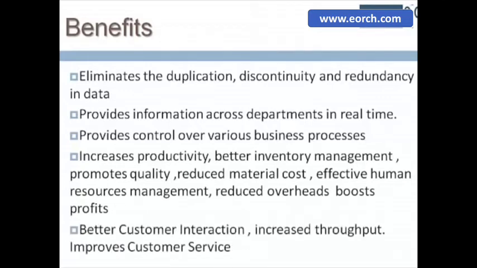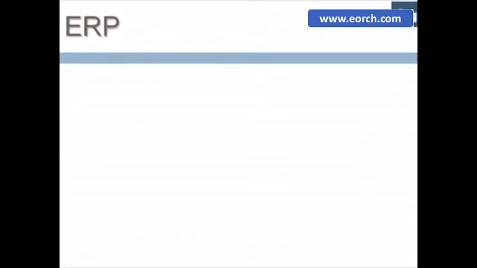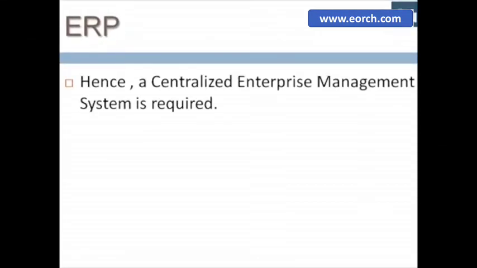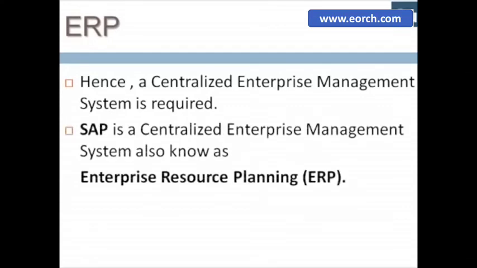Better customer interaction, increased throughput, and improved customer service. Hence, a centralized enterprise management system is required. SAP is a centralized enterprise management system, also known as Enterprise Resource Planning.